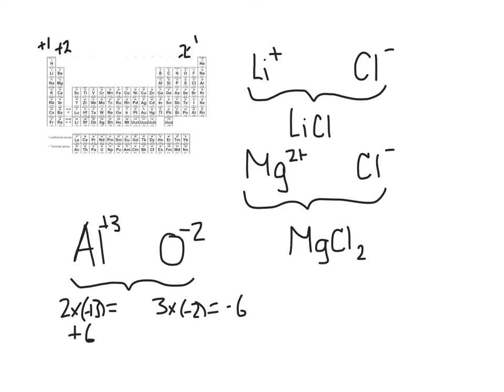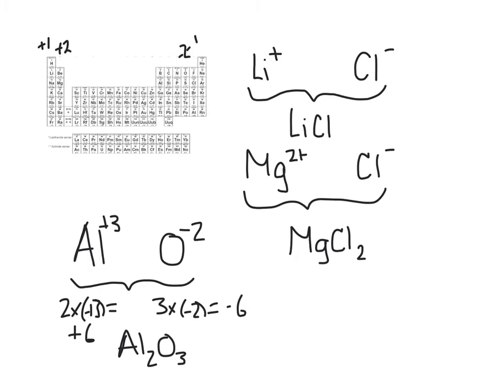And so I would write the formula for aluminum oxide as Al2 because I need 2 aluminums to give me +6, O3, subscript 3, because I need 3 oxygens to give me -6. This will be a neutral compound, and that is the formula for the compound made from aluminum and oxygen.